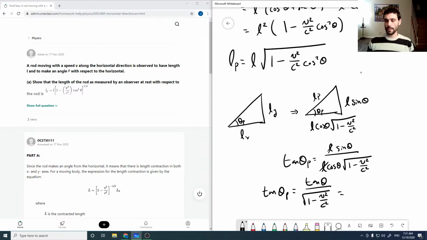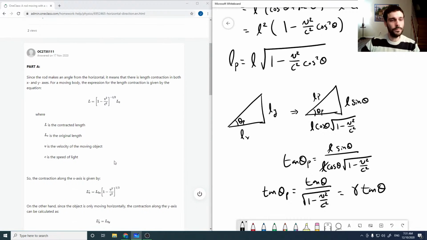And usually that term is called gamma, so gamma tan theta, which is again what we were asked to show, that the angle now goes to a gamma tan theta. So the angle that it makes with the horizontal is also changing. It's compressing along the x direction and changing the angle that it makes.